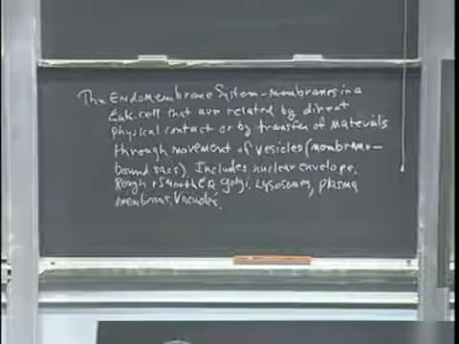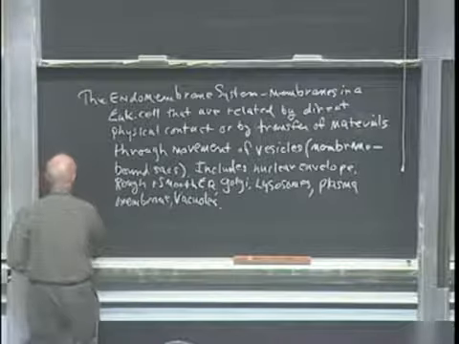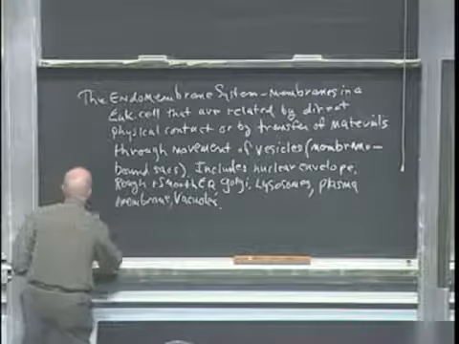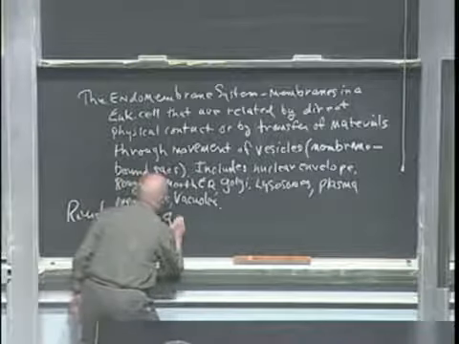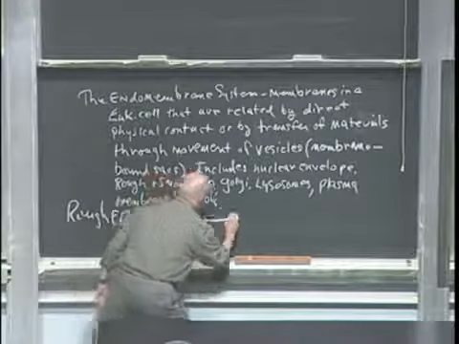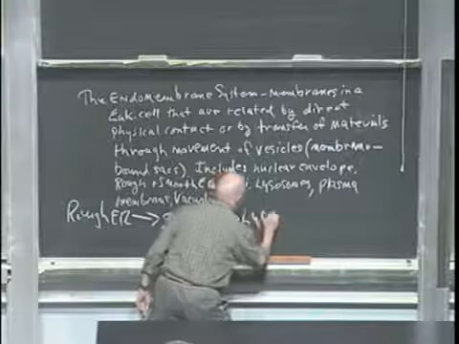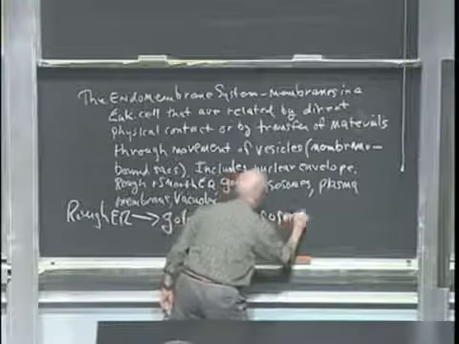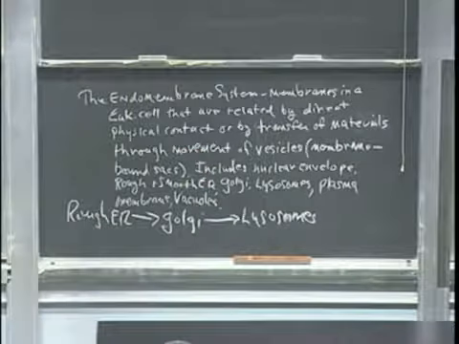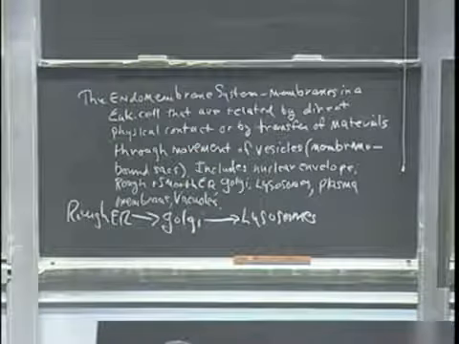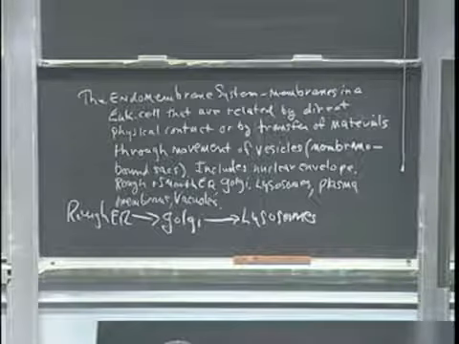In addition, there are components that move from one membrane system to another. For example, there's a transfer of material from the rough ER, and we'll go through this again, to the Golgi complex, to, say, lysosomes, which are organelles. And this transfer of material occurs via vesicles. What are vesicles? Vesicles are membrane-bound sacs.